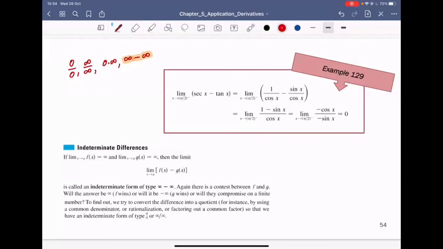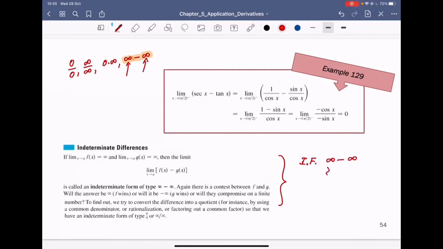The first infinity could be very, very strong compared to the second one. It could end up with 0, any number, or plus or minus infinity, it can be anything. So this is another indeterminate form: infinity minus infinity.